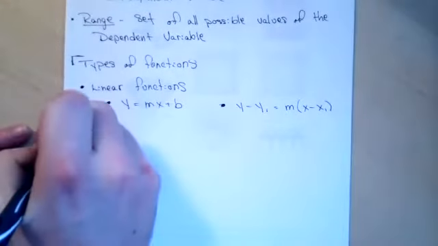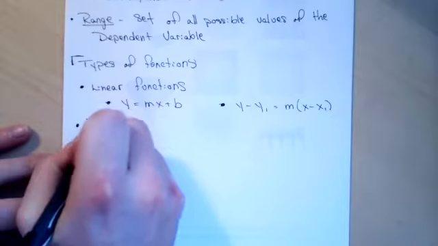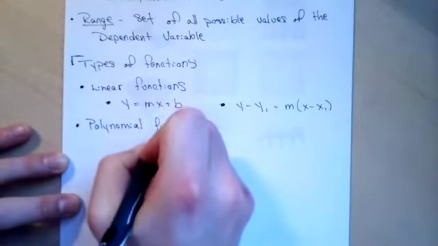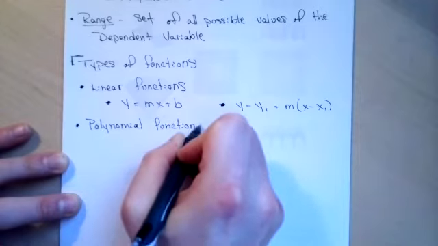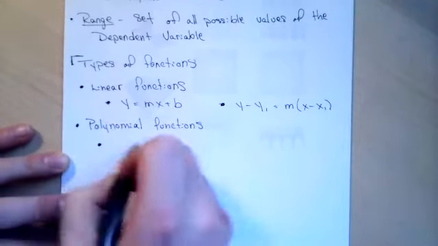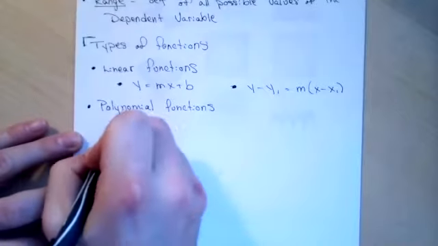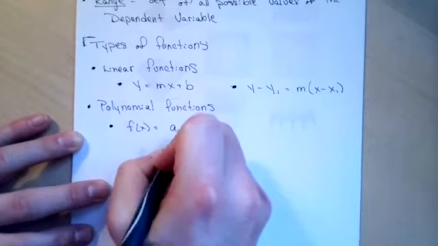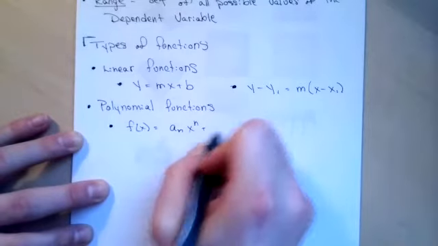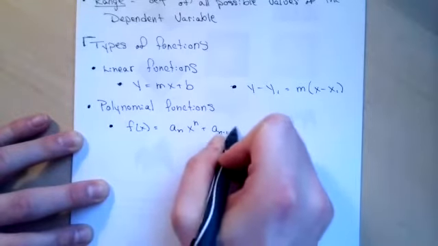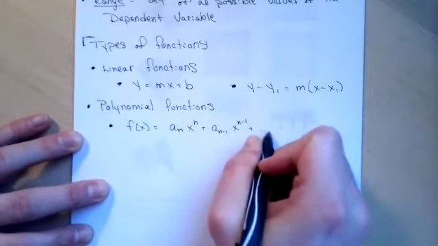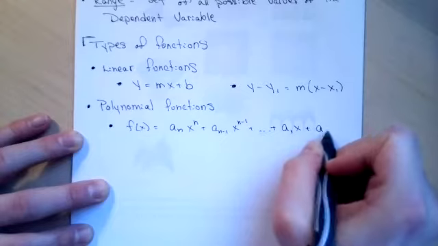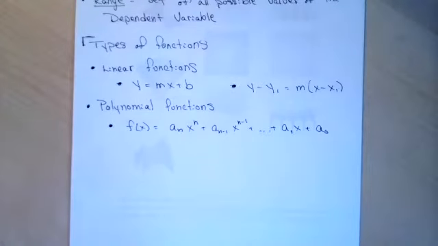When we build up from linear functions, we have polynomial functions. These are going to be functions of the form f of x is equal to an x to the n plus an minus 1 x to the n minus 1 plus, and so on, plus a1 x plus a naught.